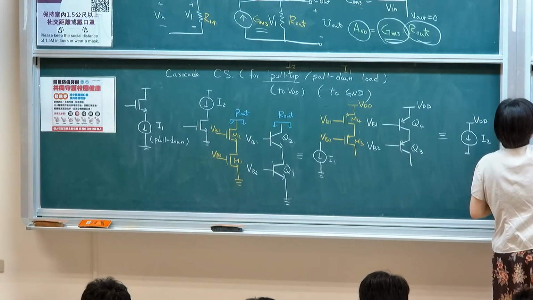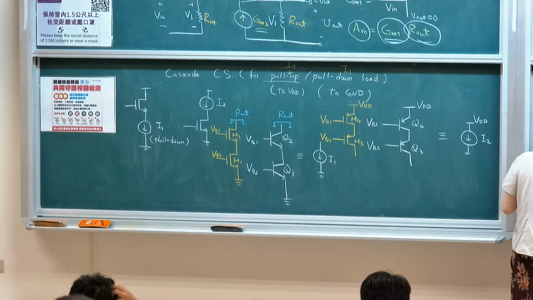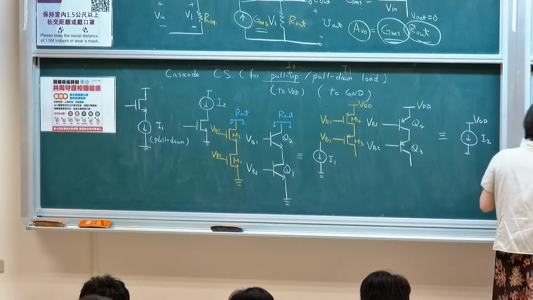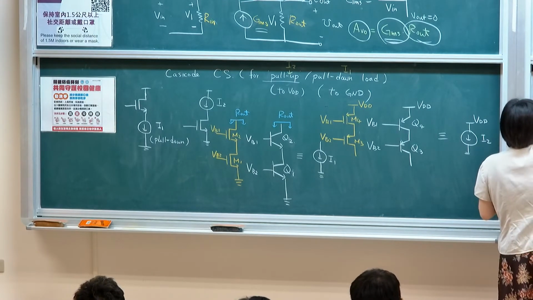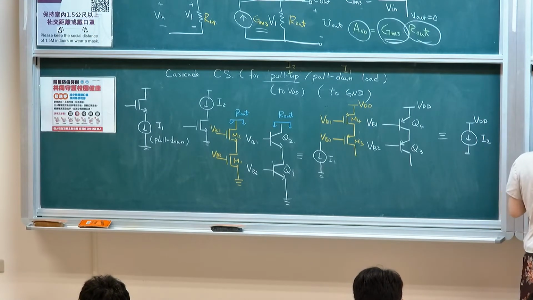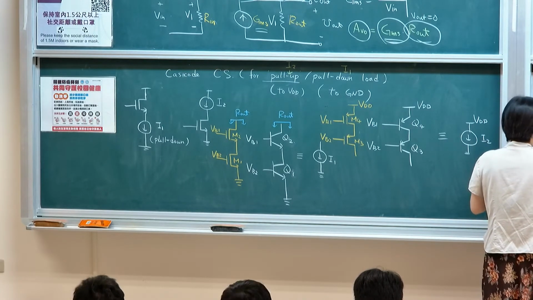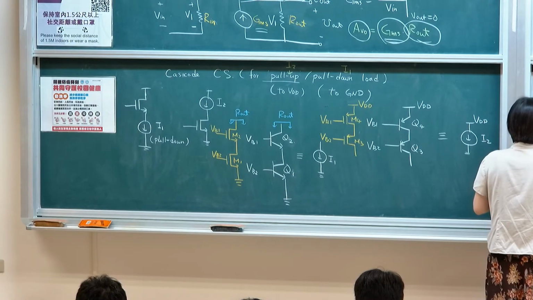So for a MOS cascode current source, it looks something like this, right? You have two transistors.